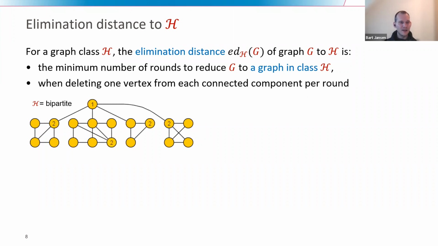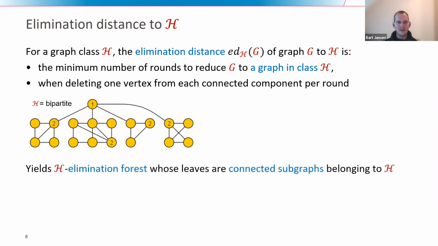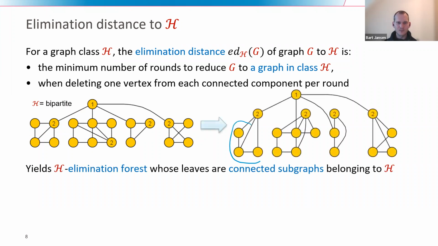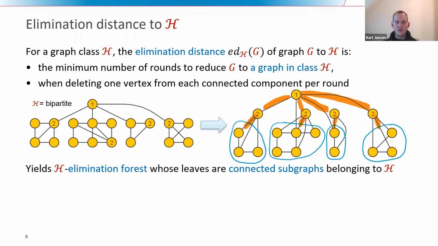Right, so I can label each vertex that got eliminated by the round in which it was eliminated, and then again I represent the elimination process by a tree structure where children are assigned based on rounds that followed the previous one.